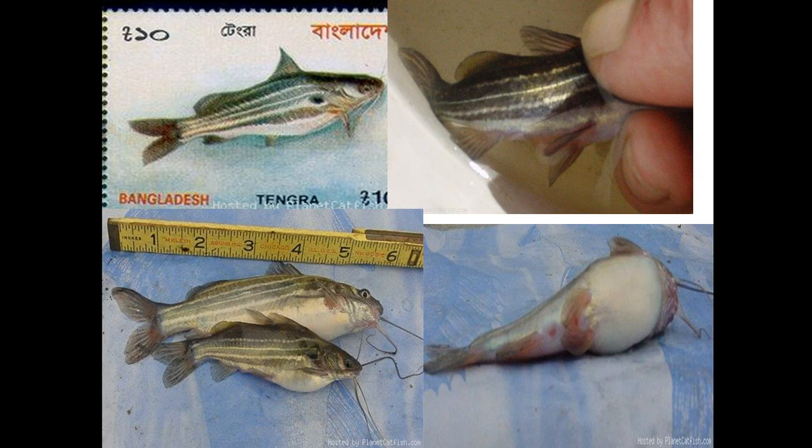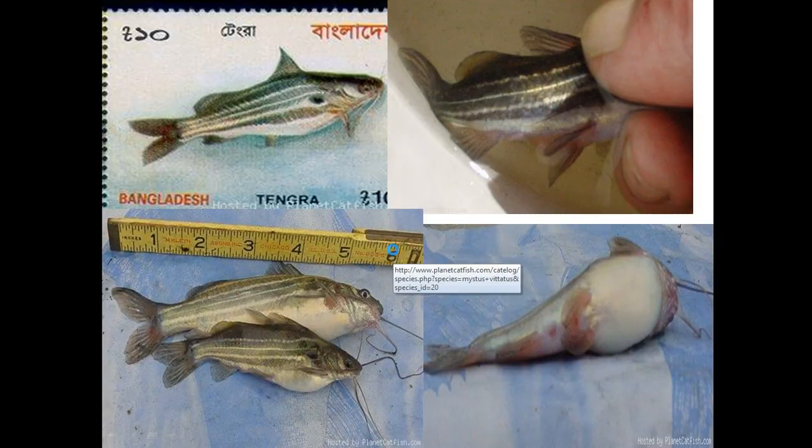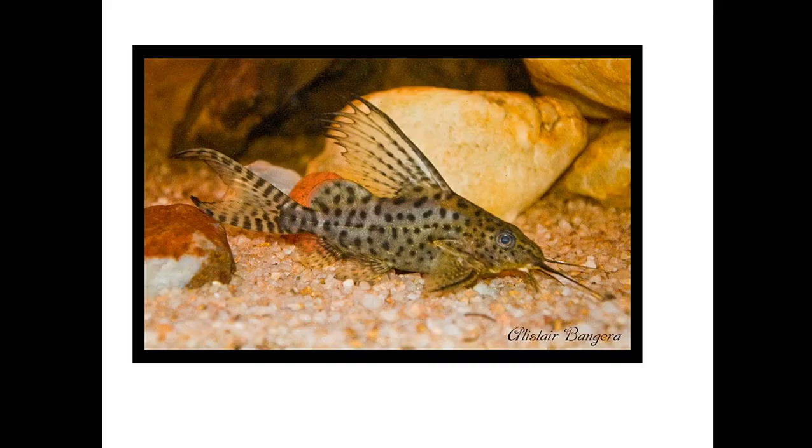Yeah, dusky spot which you can see at the shoulder level. Here you can see clearly. So body is elongated and slightly compressed. Long maxillary barbels and a narrow dusky spot on the shoulder is the characteristic feature.